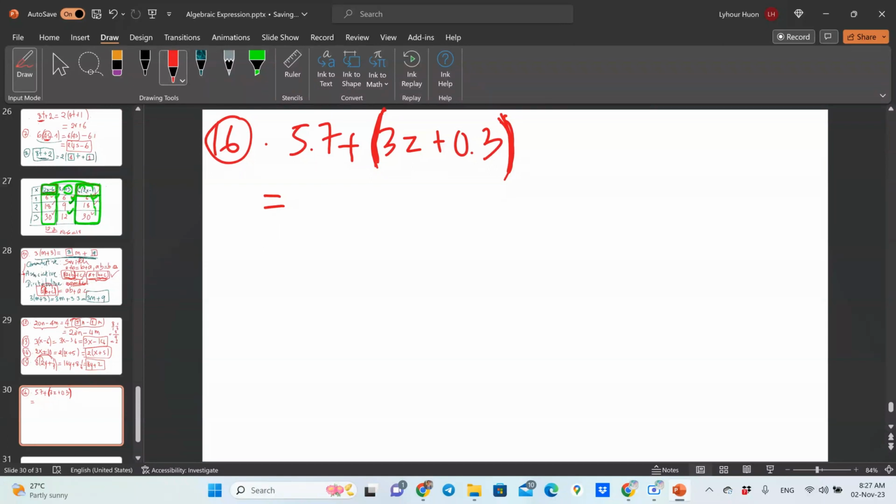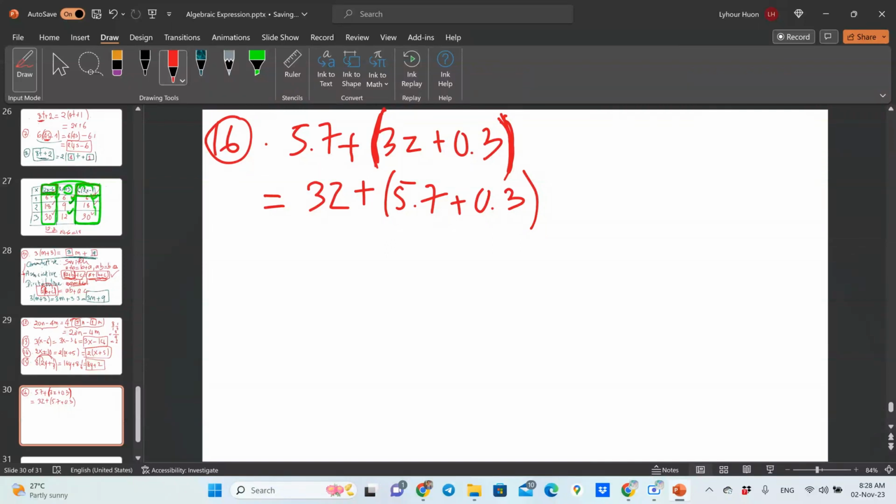Okay, in the order of operations we do the parentheses first, right? But how can we do that with a number and a variable? We cannot, so we have to change the groupings. 3z remains the same, but now number with number: 5.7 plus 0.3.